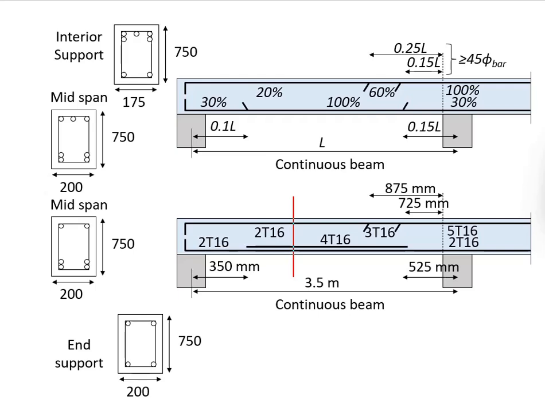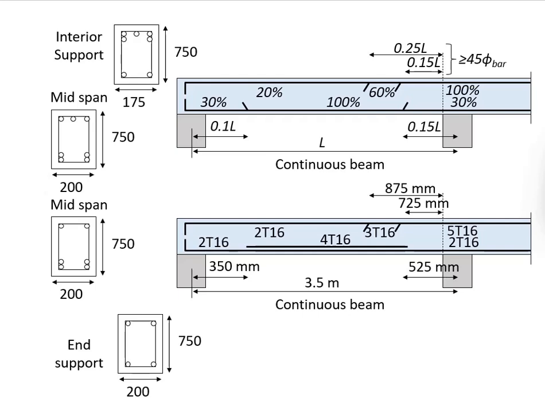Now, if you cut the section here, 2T16 on top and 4T16 at the bottom. And lastly, if you cut the section here, you have 2T16 and 2T16 at the top and at the bottom. The locations where your reinforcement bars are curtailed are indicated here.